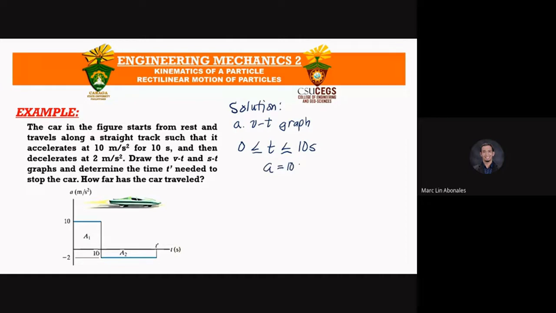But before that, if the AT graph is given, you can construct the VT using the kinematic equation a equal to dv over dt.